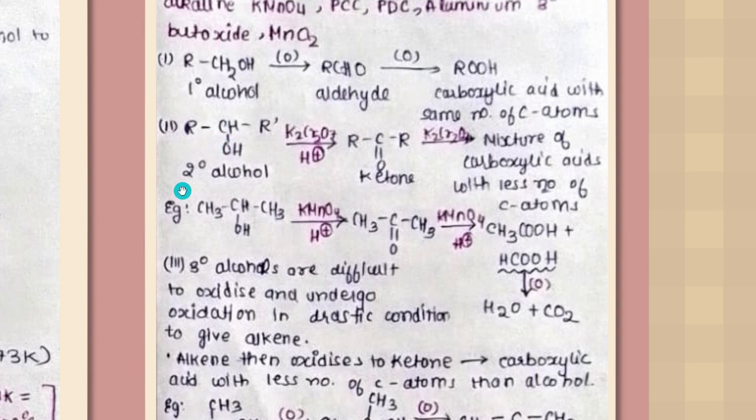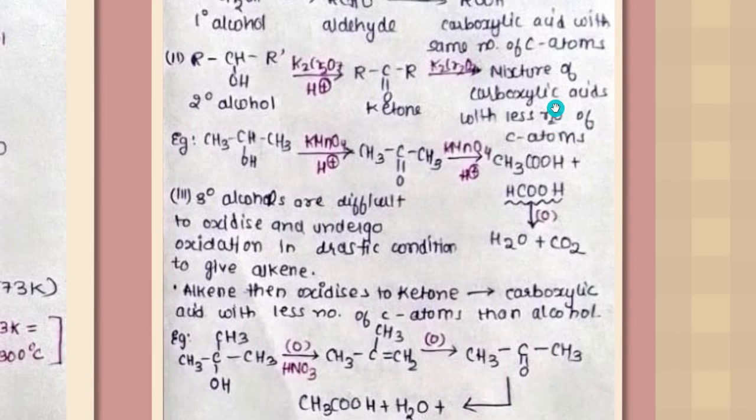While a secondary alcohol on oxidation will give us a ketone. This ketone on further oxidation will give us a mixture of carboxylic acids with fewer carbon atoms. Now let's see the first example for a secondary alcohol, which is CH3CHOHCH3 plus KMnO4 in the presence of H+.